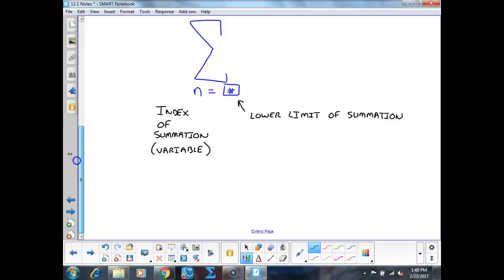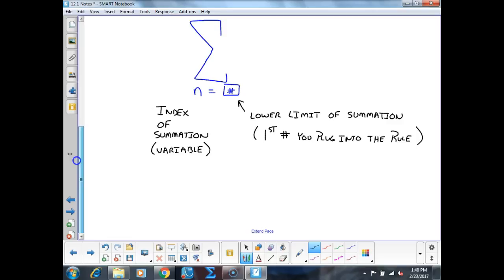All you do with that number is, it is the first number you plug into the rule. By plugging that in, that number is not your first term.